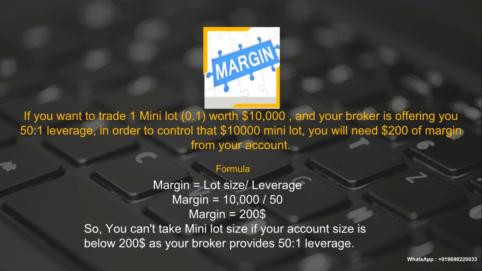The leverage is 50. So 10,000 divided by 50, we get 200. So this is the margin requirement to open one mini lot size. You can take one mini lot size for $200 margin. So you can't take a mini lot size if your account size is below $200, as your broker provides 50:1 leverage.